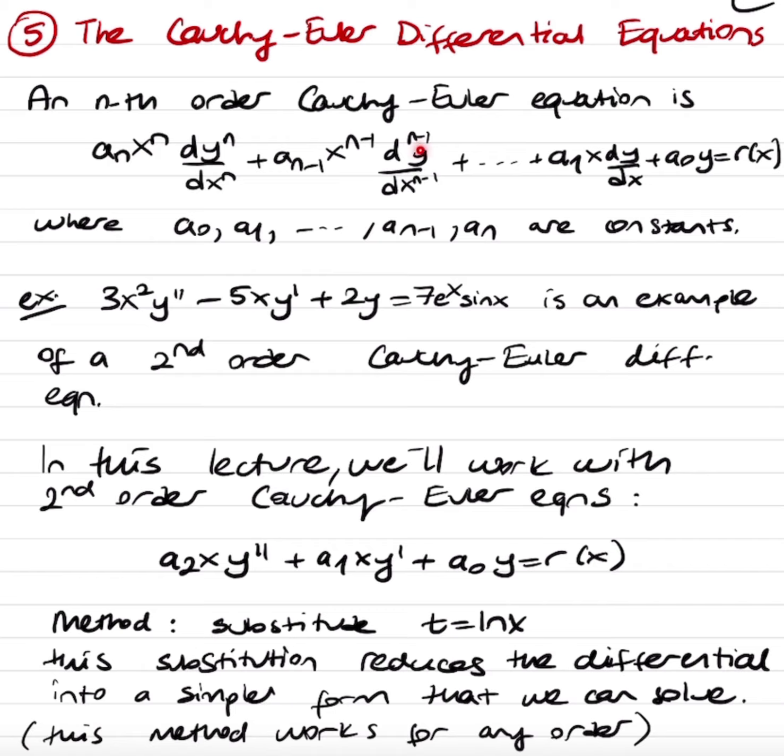We have the n minus 1 derivative, and the coefficient of this derivative is a_(n-1) x to the power n minus 1, and we continue like this.